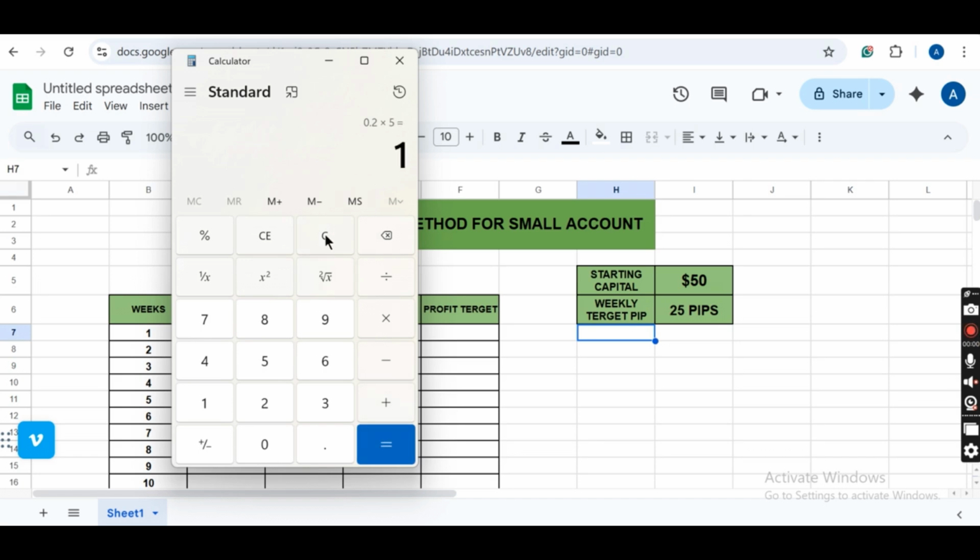Do you understand? Because there are some people you will see using a stop loss of maybe 10 pips, some even 20 pips, targeting 25 pips. That is very huge and not suitable for compounding. Do you understand? So you need to have a very small stop loss. You can stick to one number of pips of stop loss for the entire compounding.